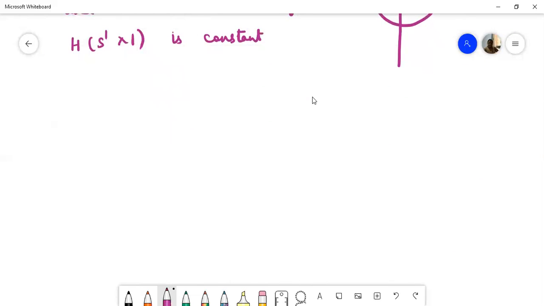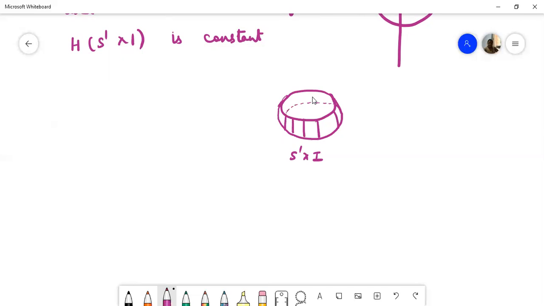So we have S1 cross I. Let us say this is our circle S1. So basically it is a cylinder, the circle cross the closed interval [0, 1].